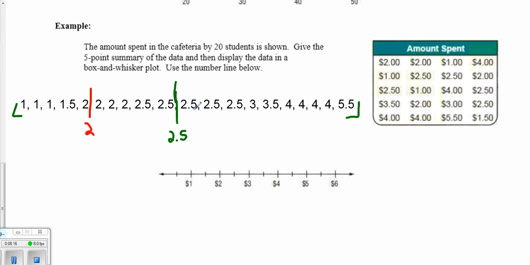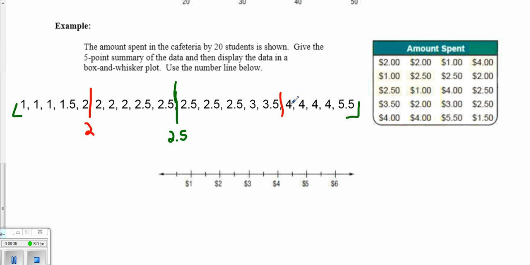Our upper quartile, we're also going to count in 5. 1, 2, 3, 4, 5. So then 5 data points are over here. For our upper quartile, we're going to find the median of these. The problem is we've got a 3.5 and a 4. So these are not the same number.